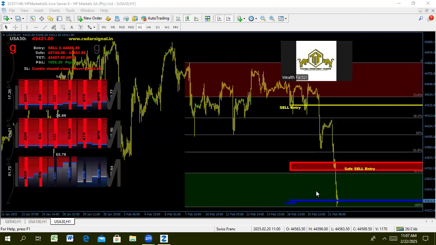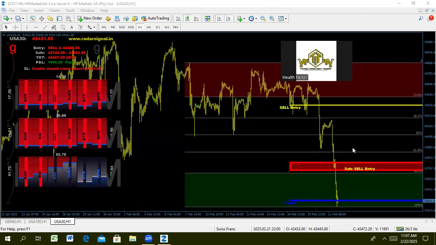At the green zone, this is a level where we expect the market to go in a bullish direction, bullish momentum, or a buy trade. Technical analysts and price action traders will tell you, we buy low and sell high.